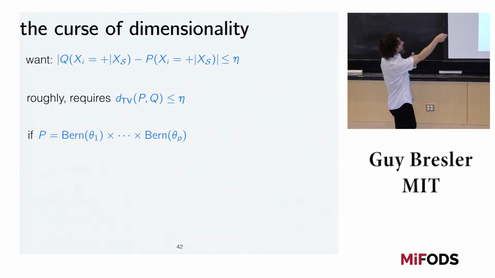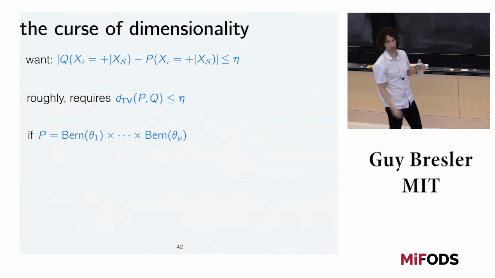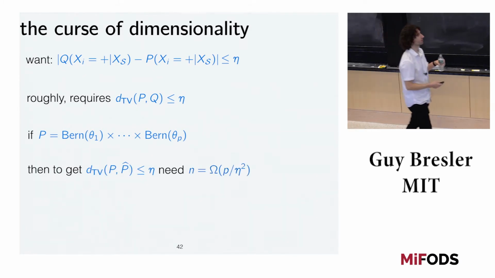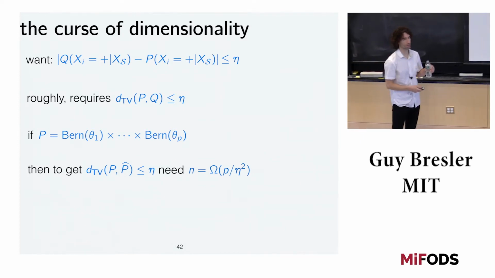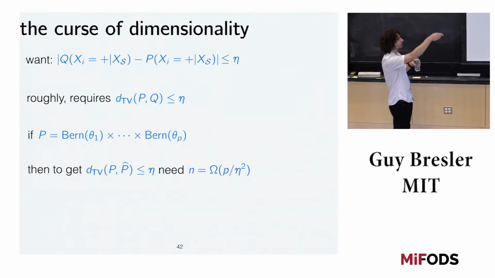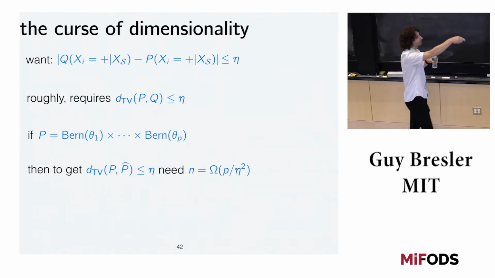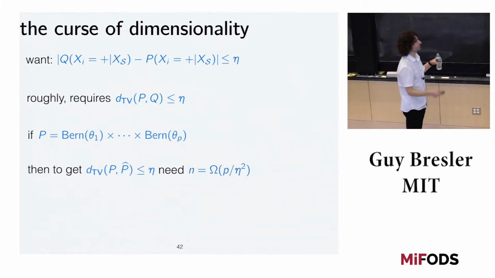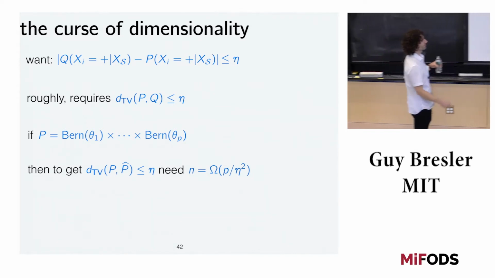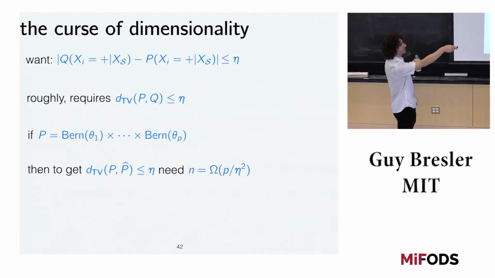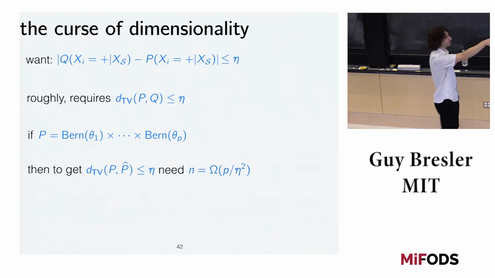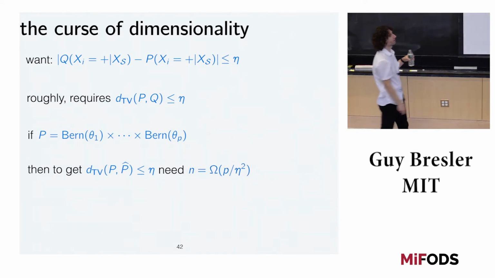Now let's consider a simple example where P is just a product distribution. So it's the simplest possible thing. There are p Bernoulli parameters. We can ask how many samples we need such that the total variation is less than eta. And it's an exercise in minimax statistics to argue that the necessary and sufficient number of samples is p over eta squared.